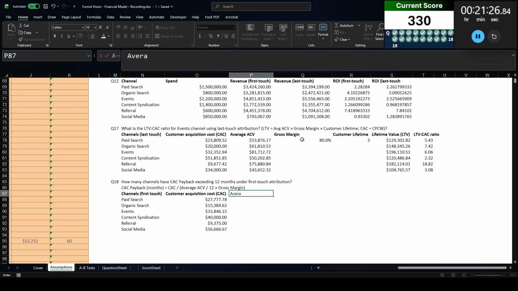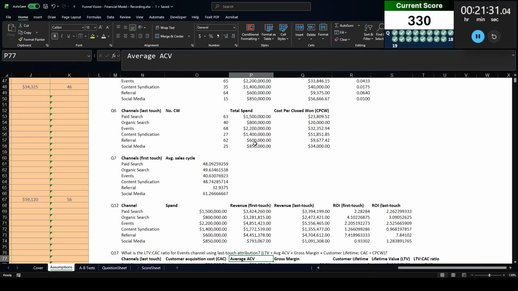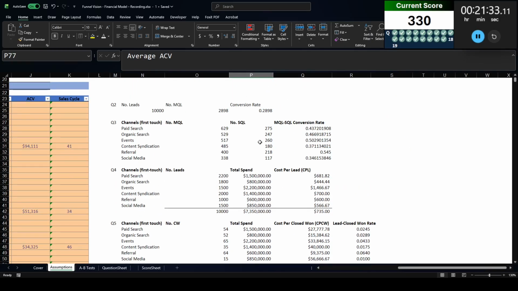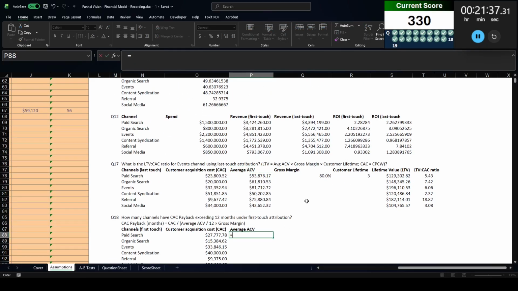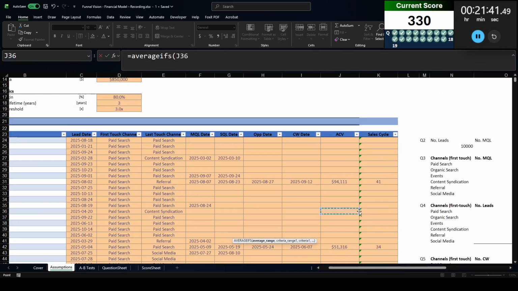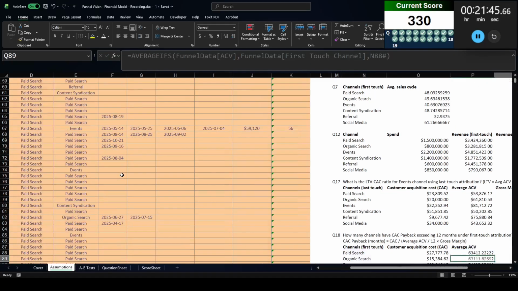This is now under first touch, so we cannot use these numbers. I don't think we calculated it before. So let's just do it. We're going to AVERAGEIFS this ACV column where the first touch channel refers to our channels listed there.